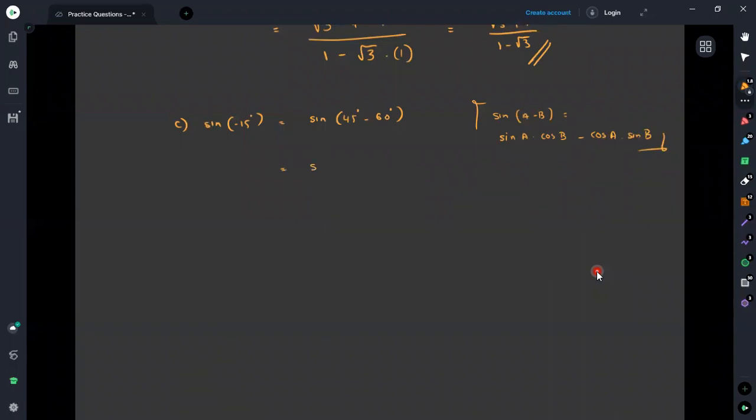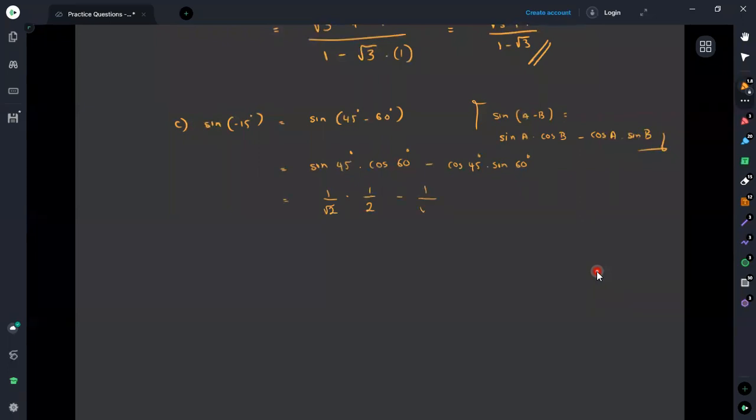It is sine 45 times cosine 60 minus cosine 45 times sine 60. Sine 45, we are getting the value as 1 over root 2. Cosine 60, the value is half.